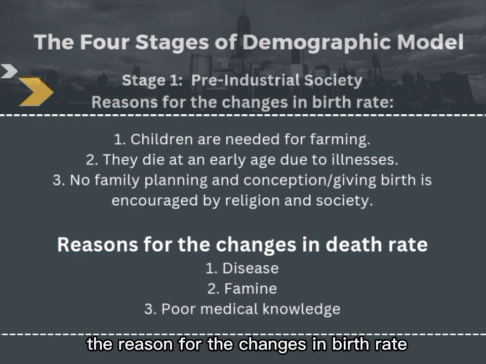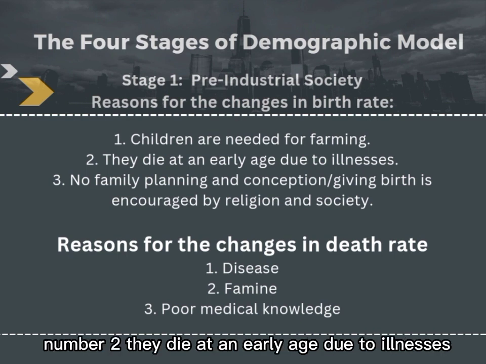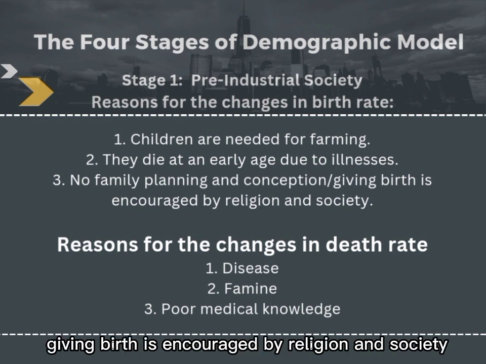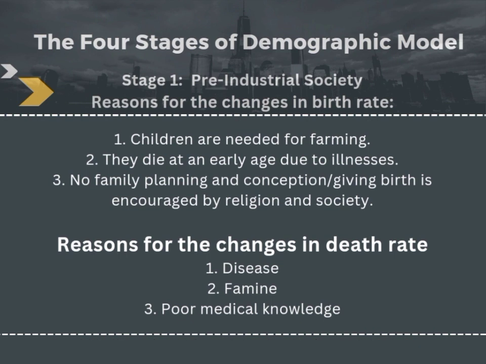The reasons for the changes in birth rate: number 1, children are needed for farming; number 2, they die at an early age due to illnesses; number 3, no family planning, and giving birth is encouraged by religion and society. The reasons for the changes in death rate: number 1, disease; number 2, famine; number 3, poor medical knowledge.